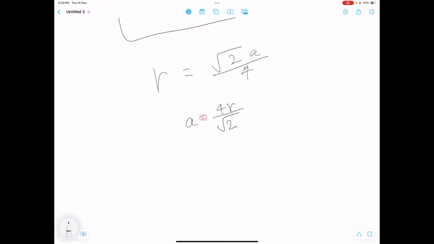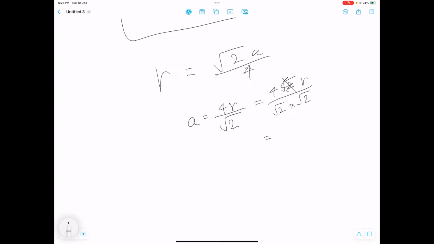How do you simplify this? So 4r by root 2. Simplify this. Okay, you multiply both sides by root 2. So you write 4 root 2 r upon root 2 into root 2. So this will become 2.